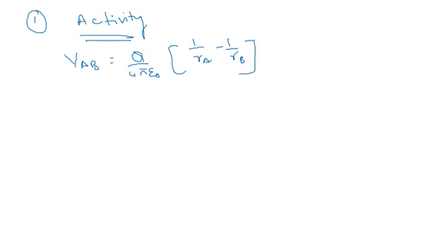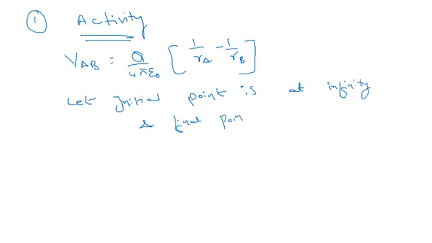Now tell me, suppose the initial point is at infinity, and the final point is at A. Then what is the VAB, what is the potential difference between A and B? So this is the question.